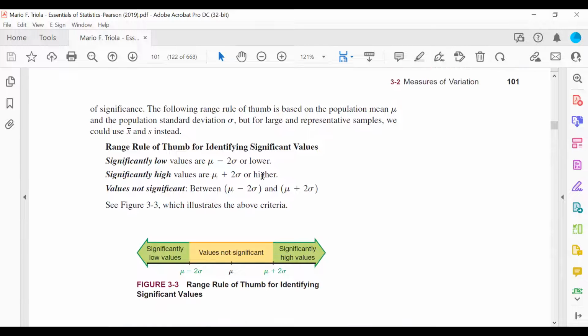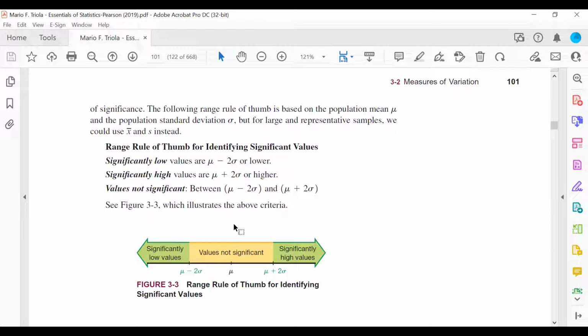So the maximum usual is considered to be significantly high, and here's the formula. The formula for it is mu plus 2 times the standard deviation. So mu is the mean, and the sigma is the standard deviation.